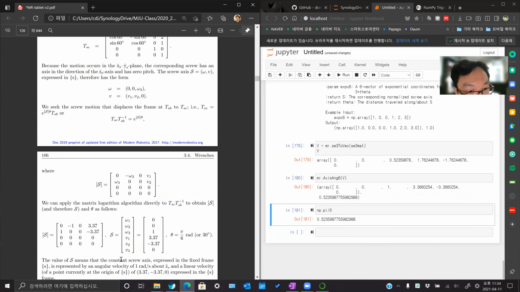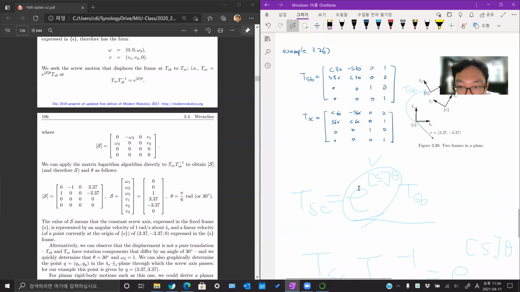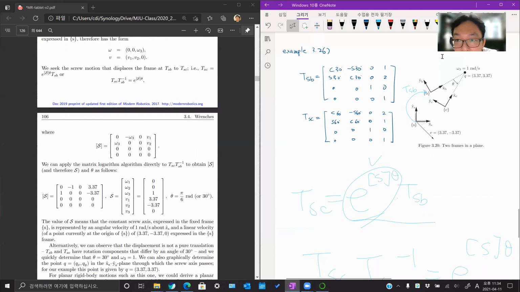So let's analyze this S value. This one is 1, and V is 3.37, minus 3.37, and 30 degree. So this theta means 30 degree.